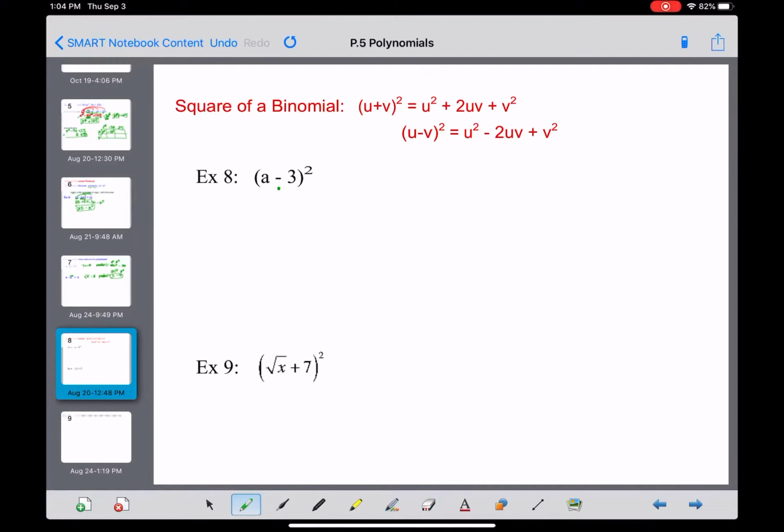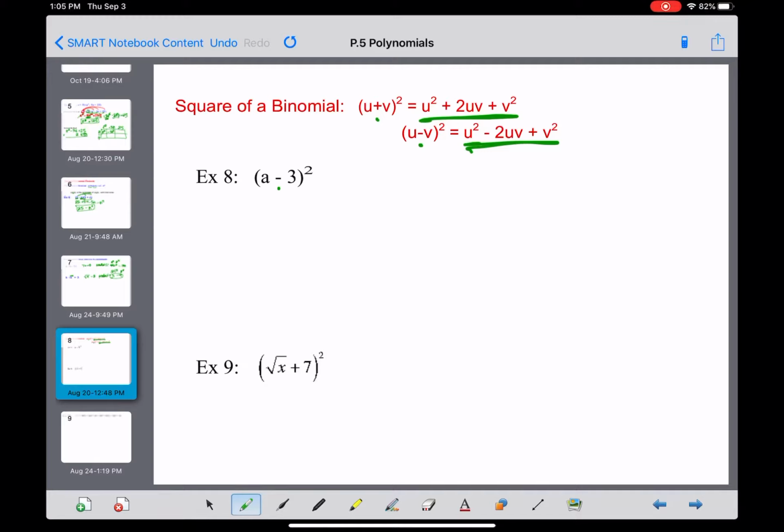When everything is multiplication or division, we can distribute the 2, but when it's addition or subtraction, you cannot, because it's not the same. You won't get that middle term. So whenever you have a square of a binomial, this is the pattern you're going to follow.